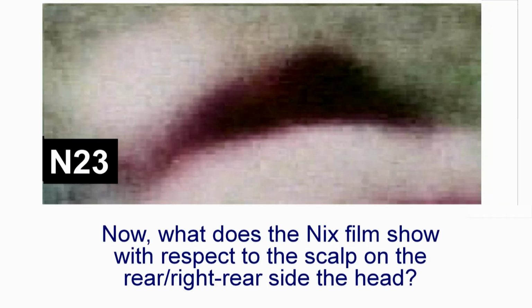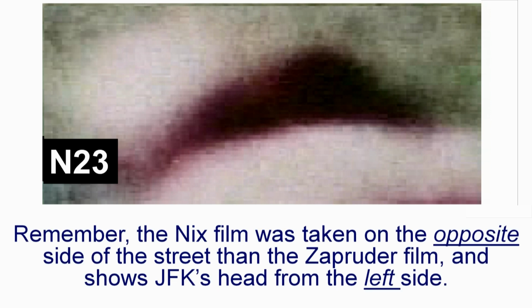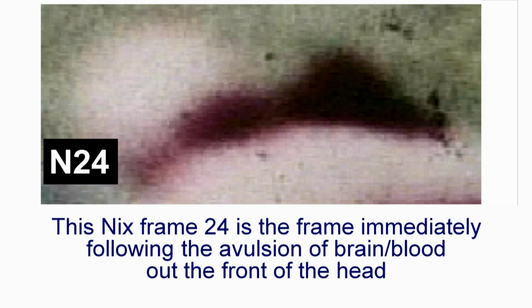Now, what does the Nix film show with respect to the scalp on the right rear of the head? Remember, the Nix film was taken on the opposite side of the street as the film made by Zapruder, and shows JFK's head from the left side. This frame is just after the burst out the top front of the head.